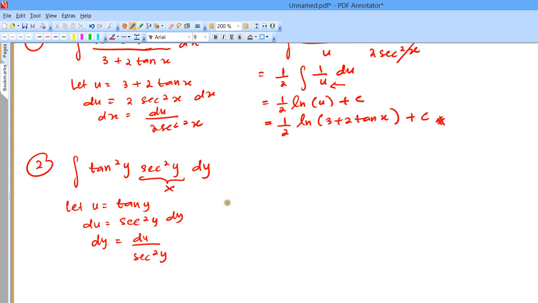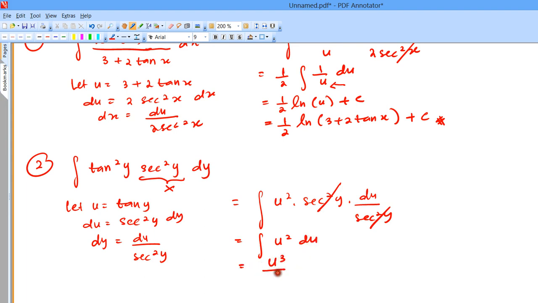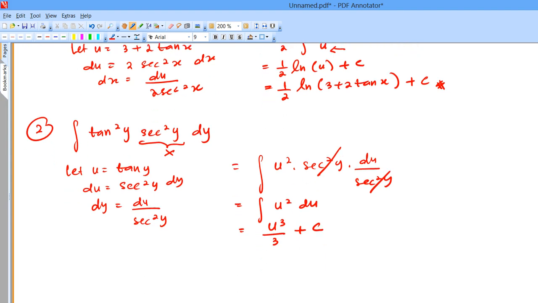Then substitute: integrate u square times secant square y times dy, with dy equal to du over secant square y. Then we can cancel out secant square y and integrate u square du, which gives u cube over 3 plus c, and lastly substitute u with tangent y.